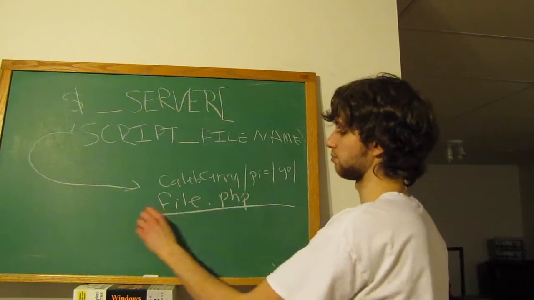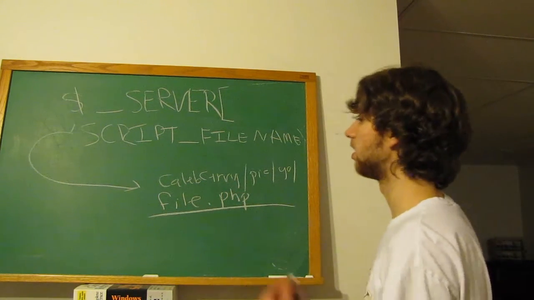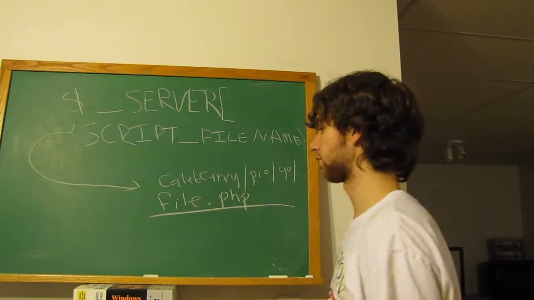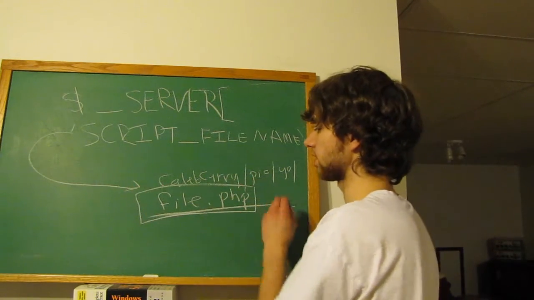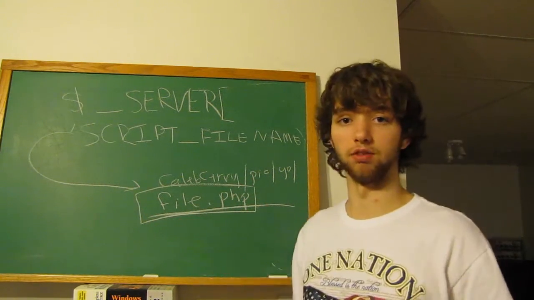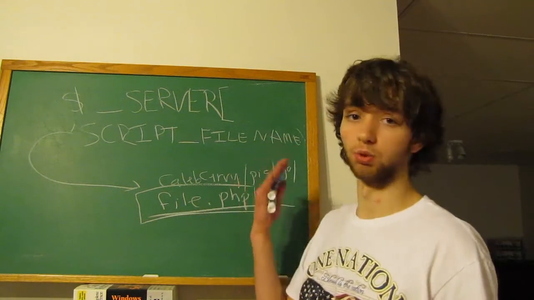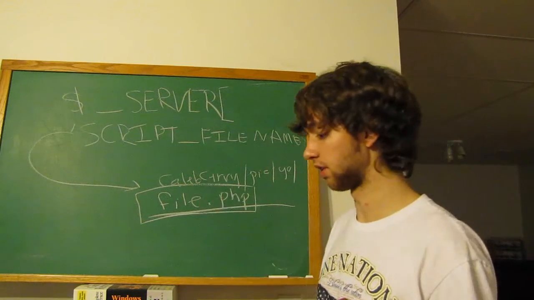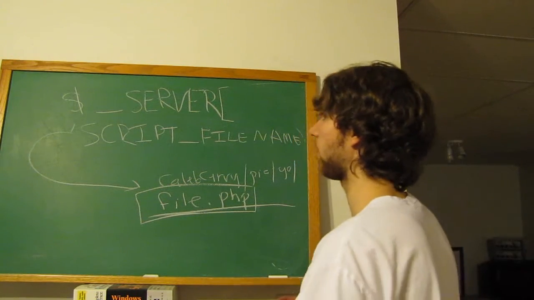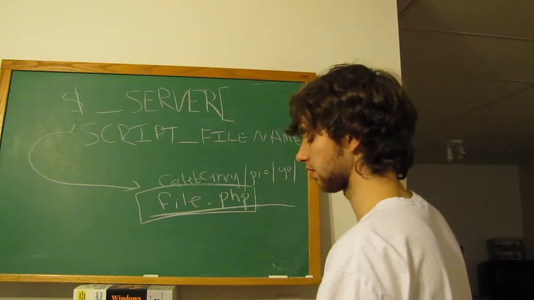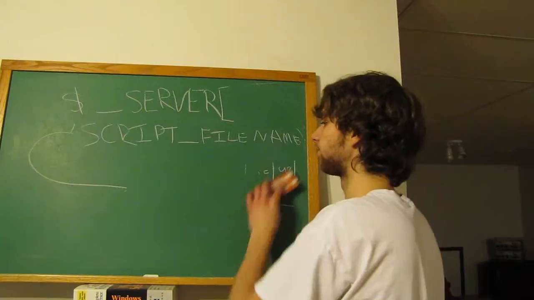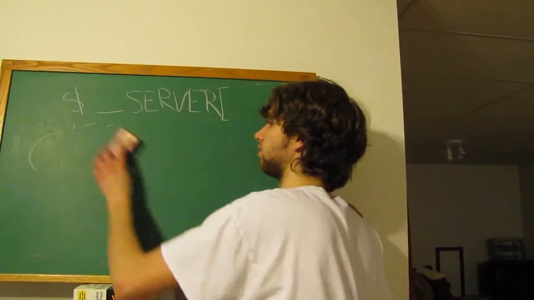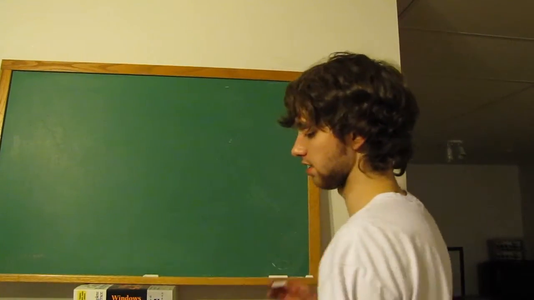This is just an example. I'm just throwing random stuff together. This would be a value that it would return, and you can actually use this to get the file name of the file that you're running or echoing this out on. So for example, we could echo out the value of this, or what we can do is assign this to another variable to make things easier.